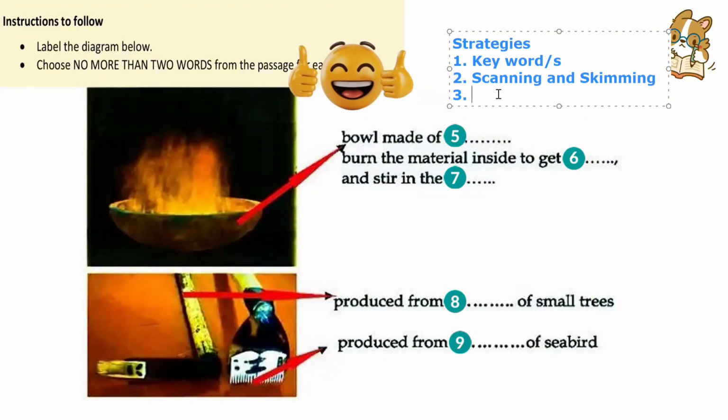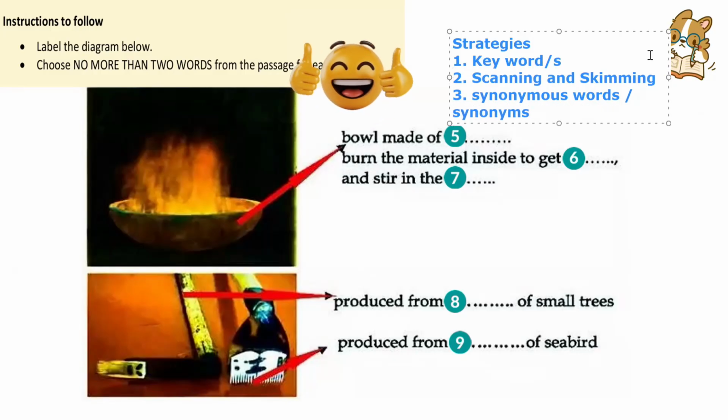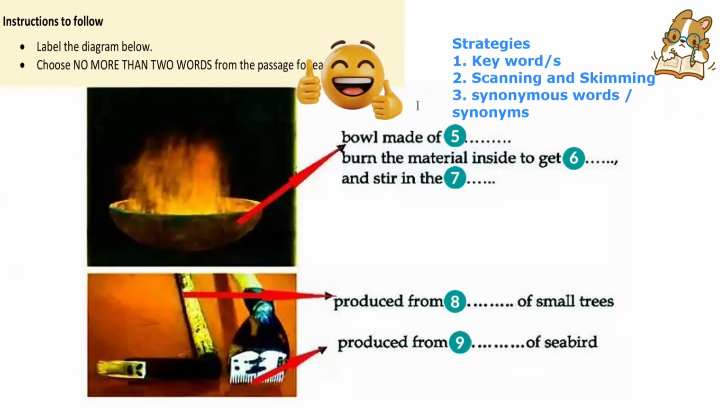The next strategy, well, there are lots of strategies, but the next is identifying synonymous words or synonyms. Knowing the synonyms of the words is very, very crucial in IELTS reading. So you will see later.